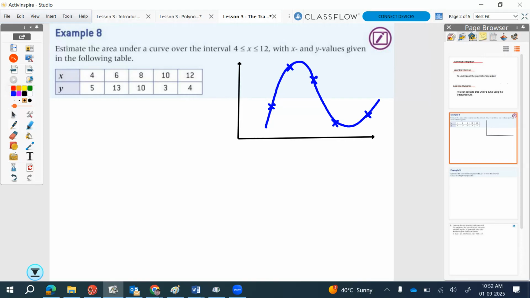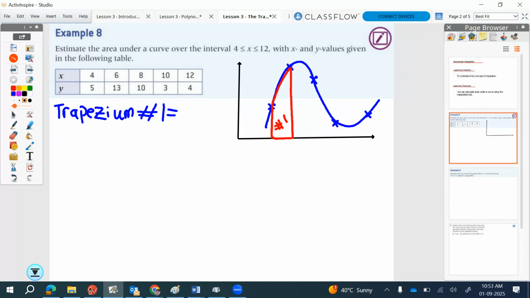So our first step is we are going to look at this first trapezium. Here's trapezium number 1. How would we calculate the area?